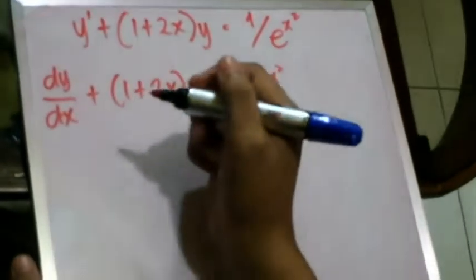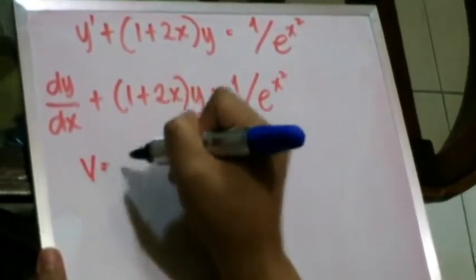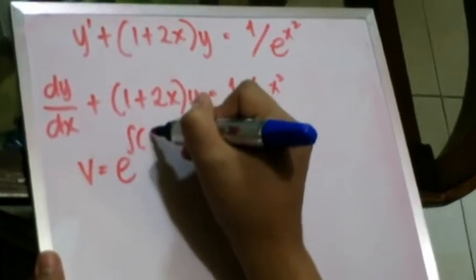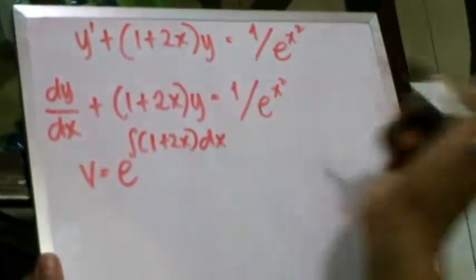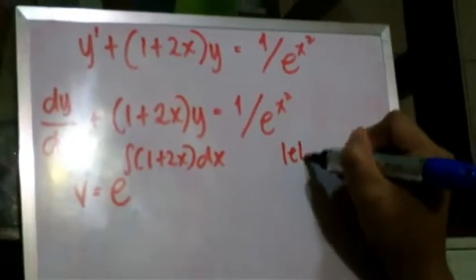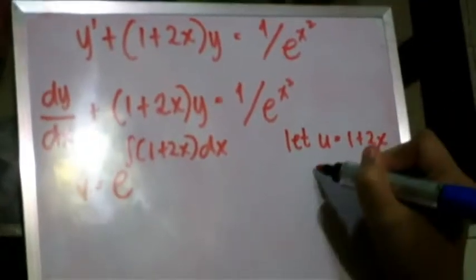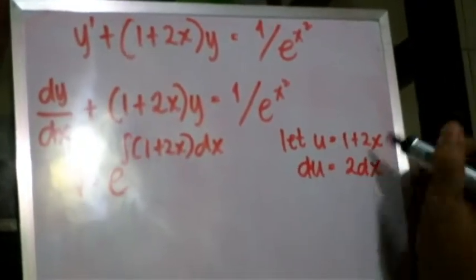Getting the integrating factor, v equals e raised to the integral of 1 plus 2x dx. Translating, u equals 1 plus 2x, du equals 2 dx.